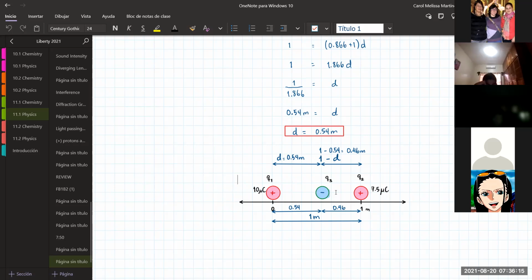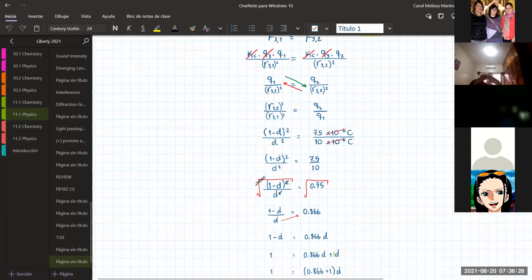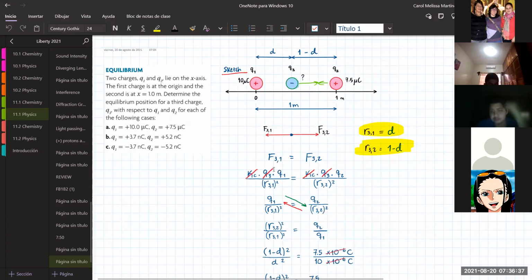If you want to leave it like that, that will be okay too. Now analyze this procedure and tell me, is there something that you want me to explain again?